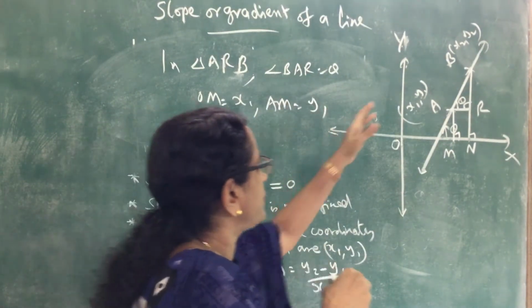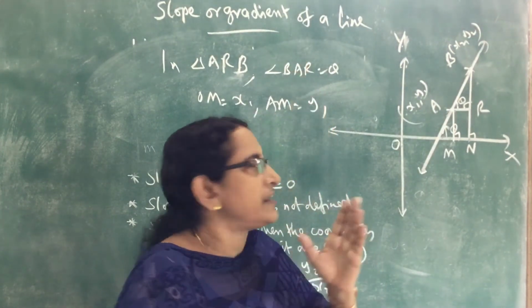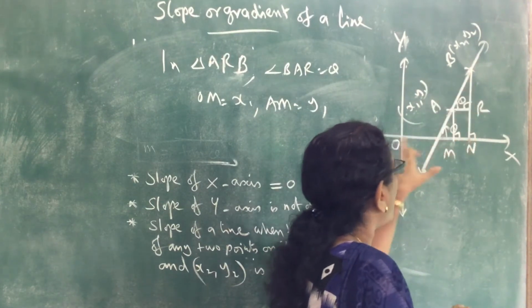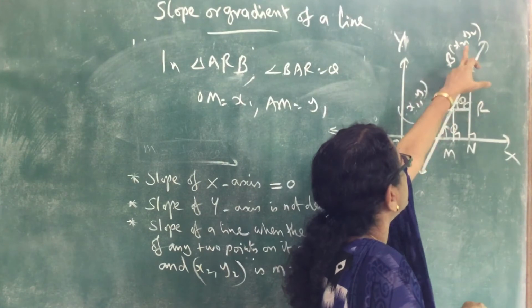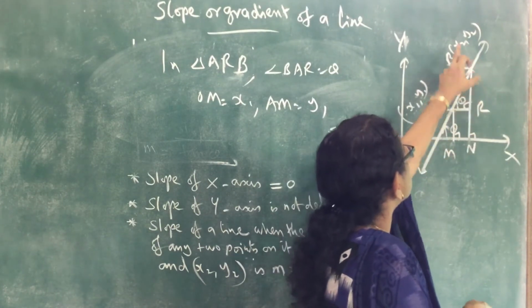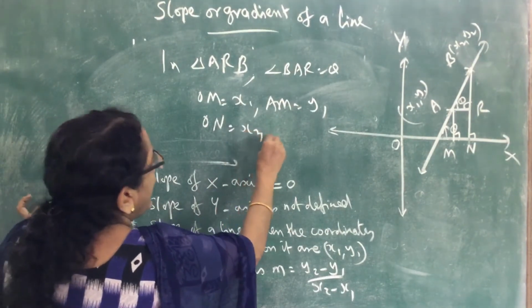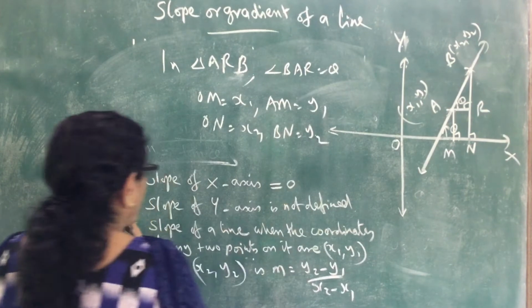Now we know the coordinates of B are x2, y2, and BN is perpendicular to the x-axis. So what is ON and what is BN? ON is the x coordinate of B, and BN is the y coordinate of B. So ON is equal to x2 and BN is equal to y2.